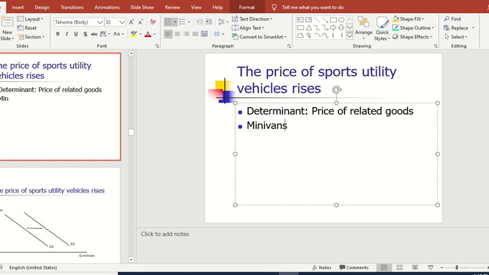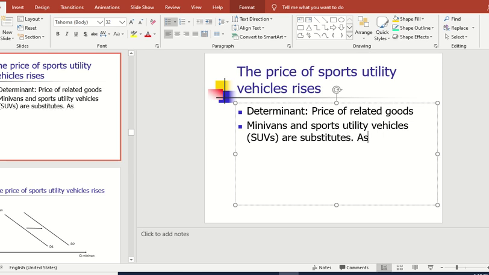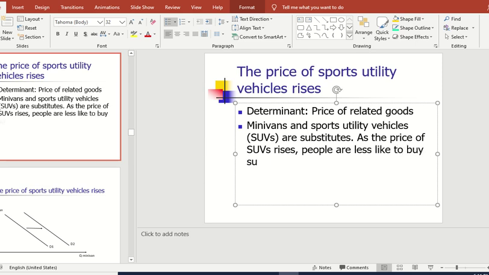Minivans and sports utility vehicles, just SUVs, are substitutes. As the price of SUVs rises, consumers, people, are less likely to buy SUVs.